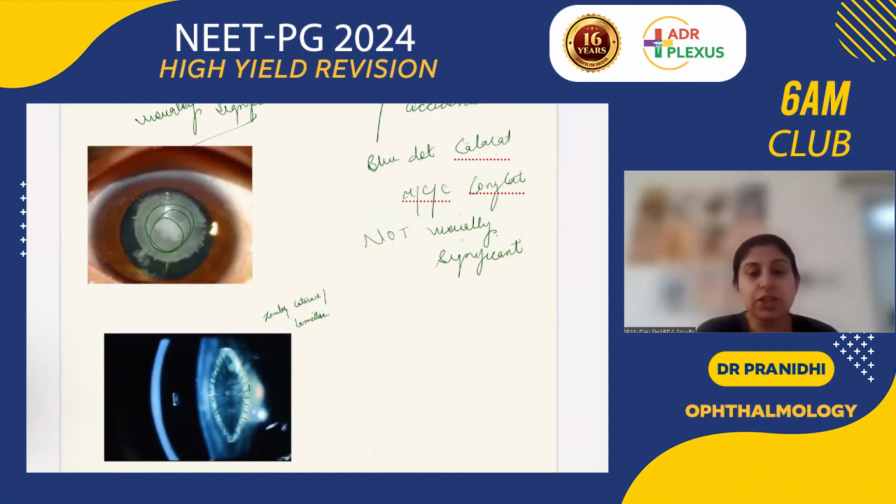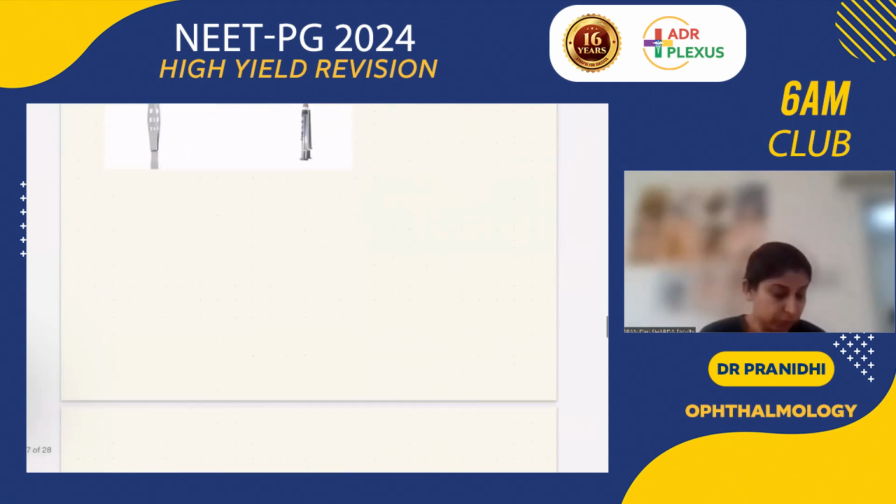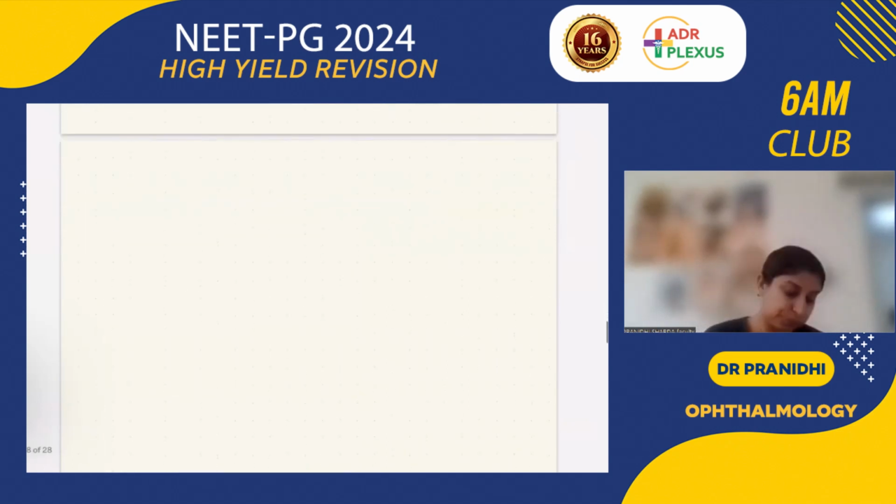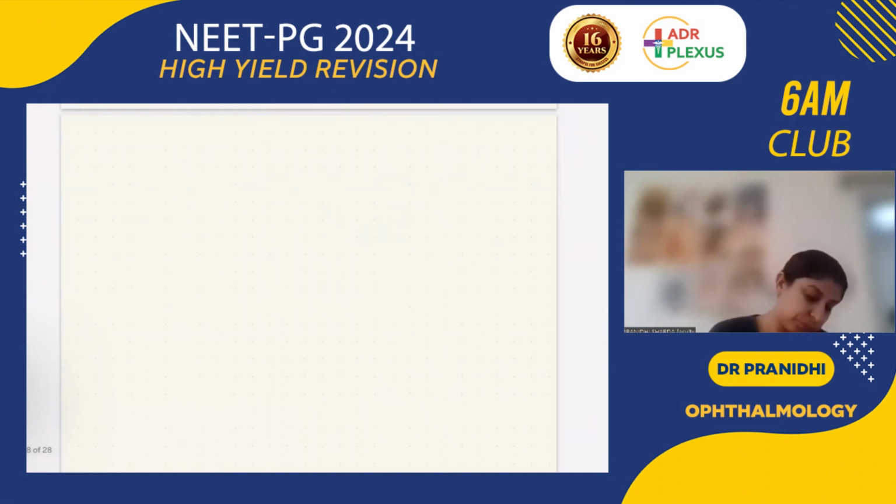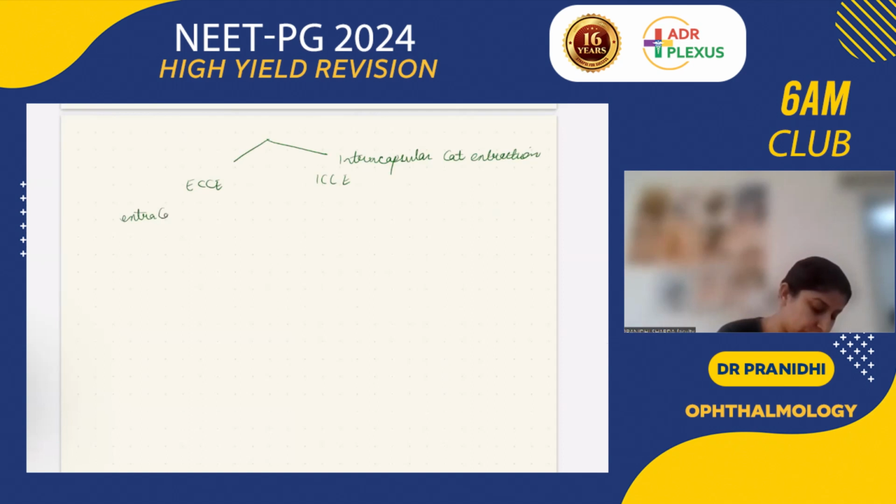The surgery of cataract is divided into two parts. One is intracapsular cataract extraction. Another is extracapsular cataract extraction.